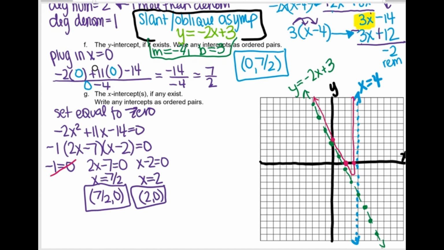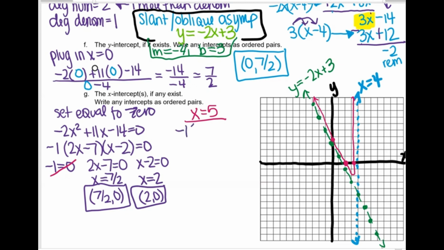We need to figure out what's happening on the other side of the vertical asymptote. So here, next side after 4 is 5. You can plug into either the unsimplified or the factored form. I'm going to review how to plug it into the factored form.